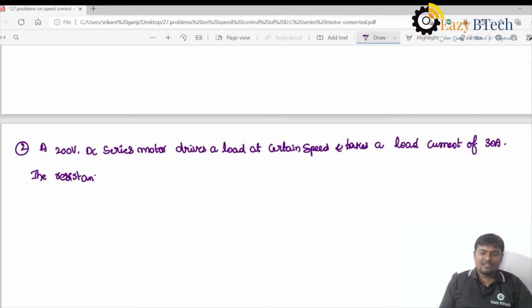The resistance between its terminals is 1.5 ohms.